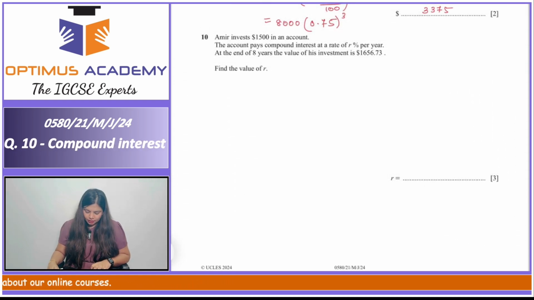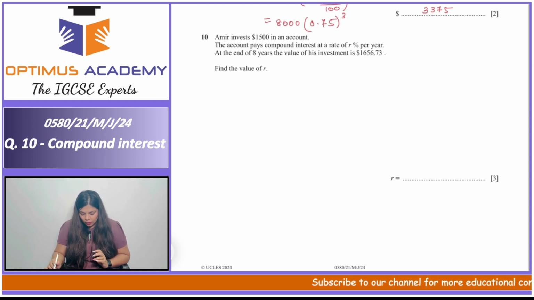In question number 10, Amir invests $1,500 in an account. The account pays compound interest at a rate of R% per year. At the end of 8 years, the value of his investment is $1656.73.